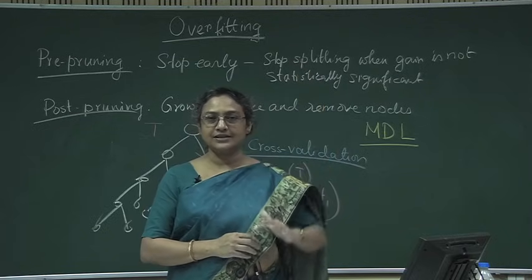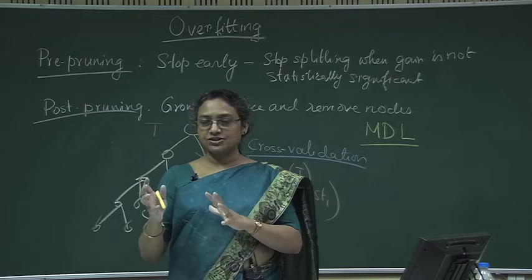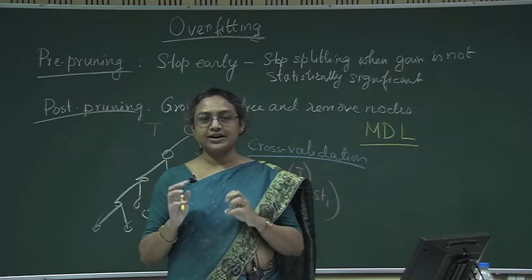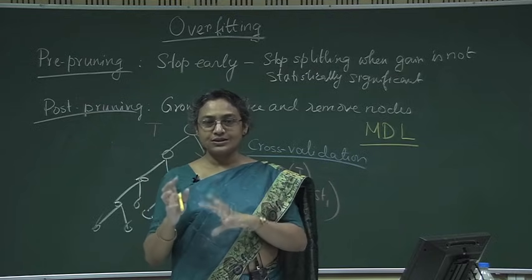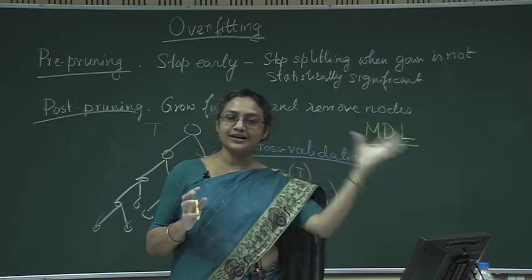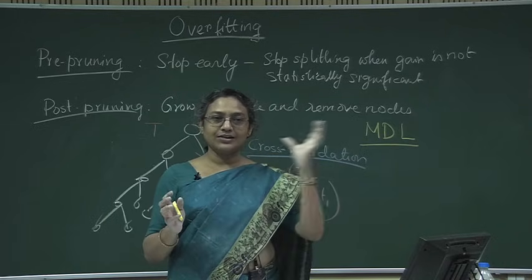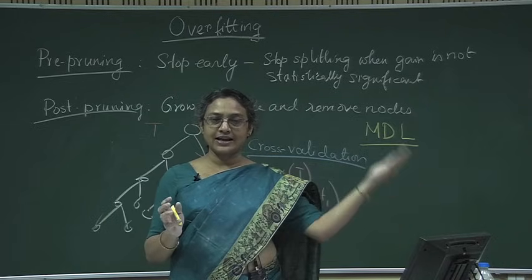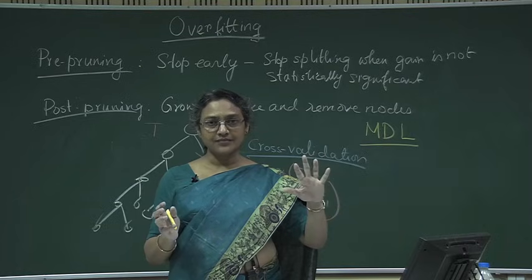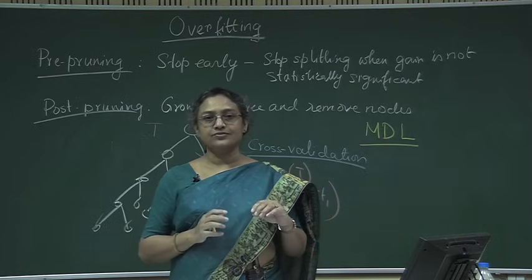Suppose you have a training set and you have a function which classifies the training set perfectly. Using this function, you can recreate the training set. Given x, you can find y. This is the role of this function.